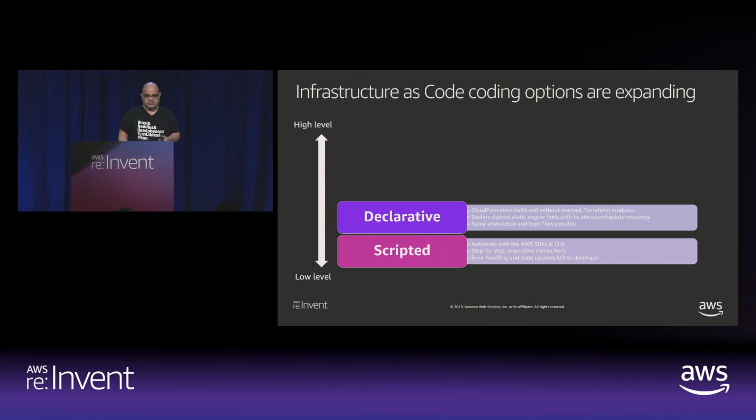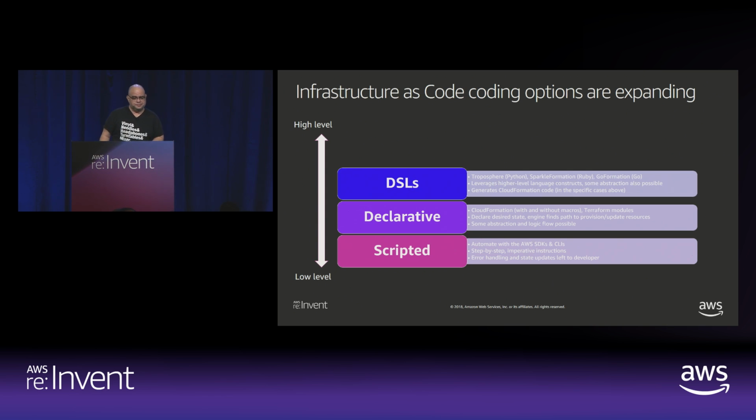Declarative, one example is CloudFormation YAML language. Terraform's HCL language is also primarily declarative with some other functions in there. And some abstraction and logic flow is possible here. There's DSLs like Troposphere, Sparkle Formation, and Go that you can leverage for the higher language constructs.